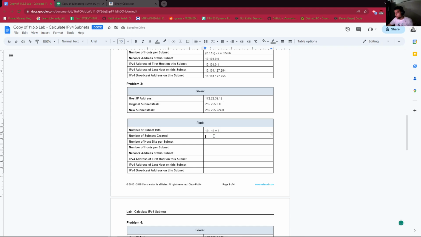So the number of subnets created is 2 to the power of the number of subnet bits we got before. So 2 to the power of 3, we get 8.